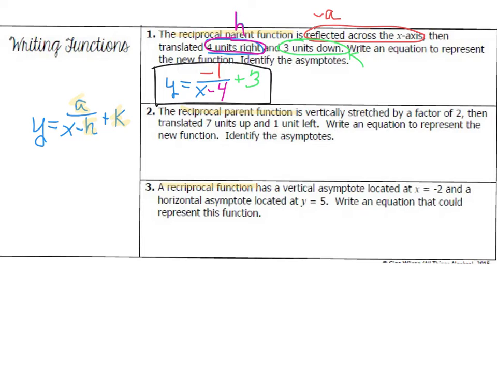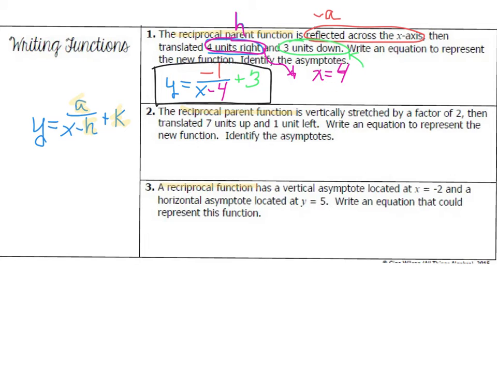Then to identify the asymptotes, we're going to take this one here, and one asymptote is going to be x equals 4, because your h is 4, right? It's not -4. And if you think about it, if x were 4, 4 minus 4 is 0, and that is what would cause the denominator to be 0. If you take this entire denominator and set it equal to 0 and solve for x, you would add 4 to both sides.